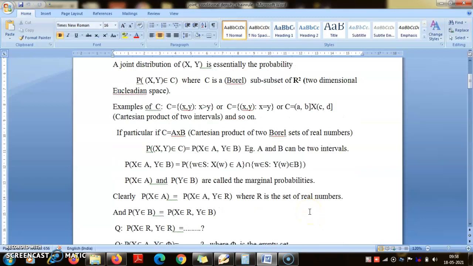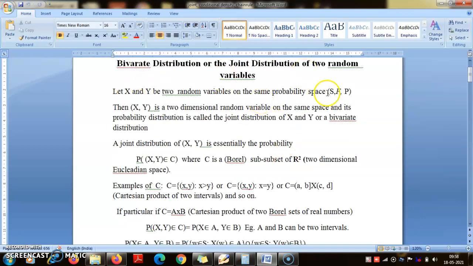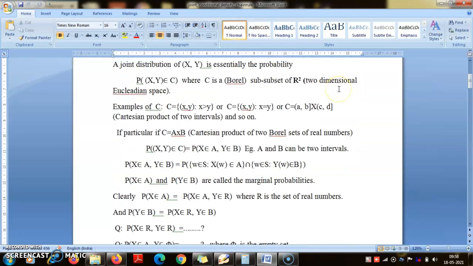These are the kinds of probabilities mainly of concern in joint distribution. The comma technically means intersection of two events. One event is that x is in A, the other event is that y is in B. They are events on the same probability space because x and y are both random variables on the same probability space.